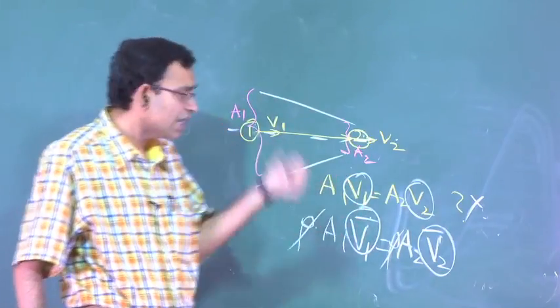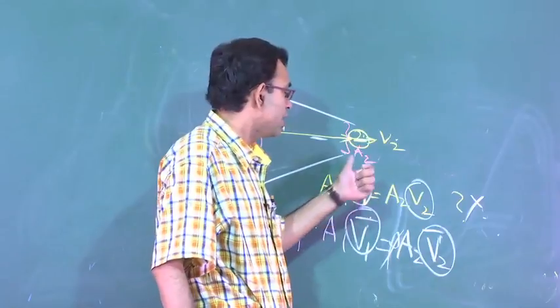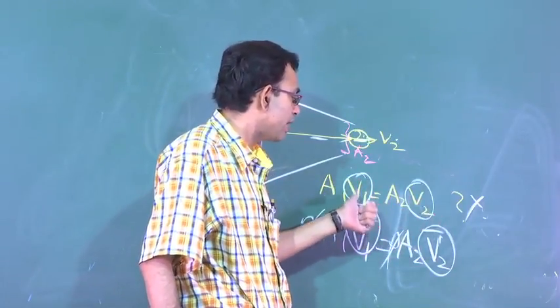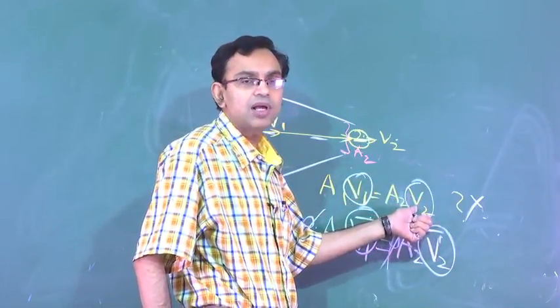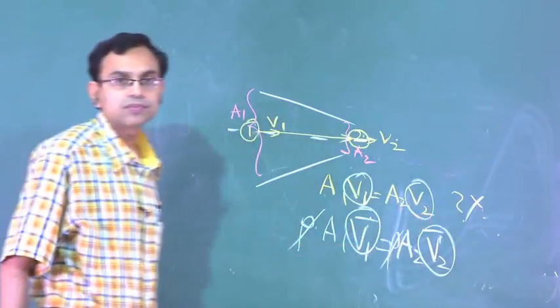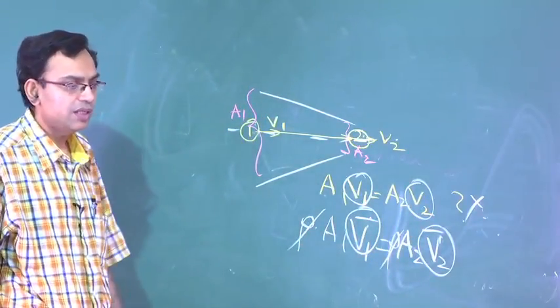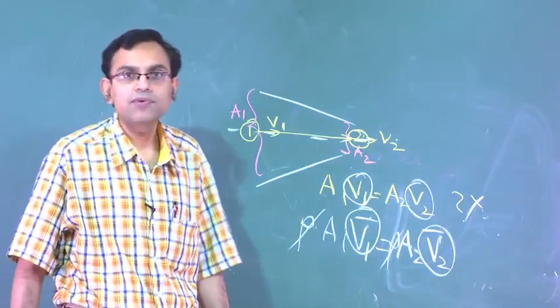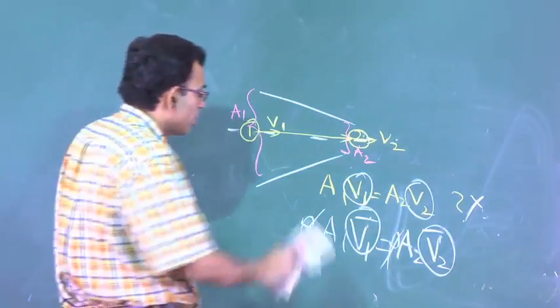So, with those additional assumptions only you can use A1 V1 equal to A2 V2, where V1 and V2 are the velocities at the points 1 and 2. So, in general not, therefore, this statement is false. Okay. So, we will take up the next question.